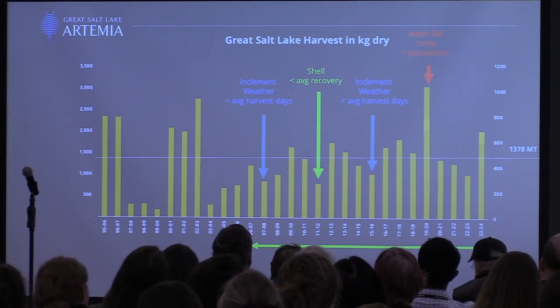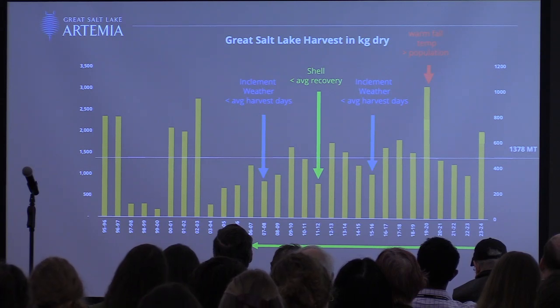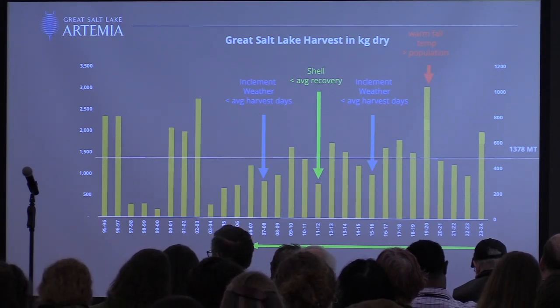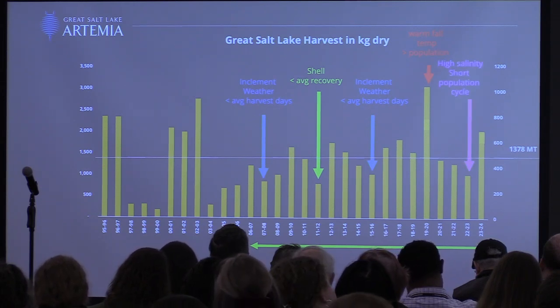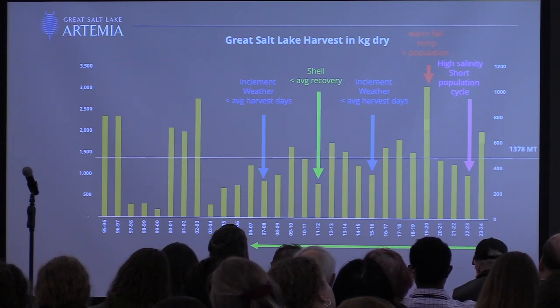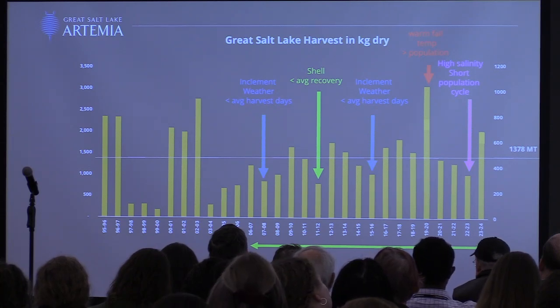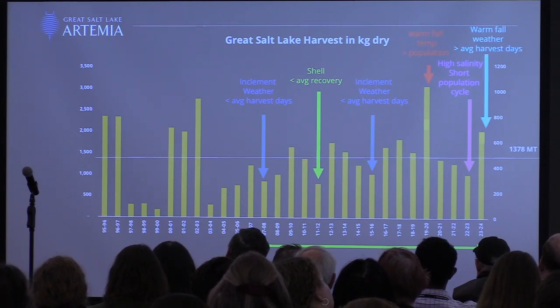In some cases, the weather is great and we get an additional population of Artemia being produced, and therefore we can harvest more. So these are really events that we don't control. There are a couple of harvest years where we did experience a lot of problems, and we'll come back to that, where we believe salinity plays a role.